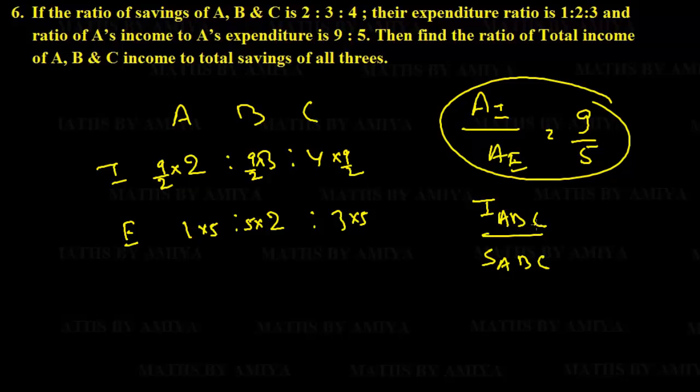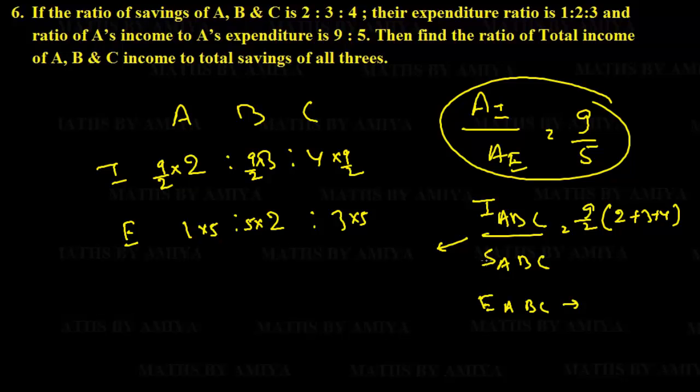And we want income of ABC all together. So in the income part, 9 by 2 is common. So take 9 by 2 common. We have 2 plus 3 plus 4 as the income part. But we have to find the savings part. We have the expenditure part. First find the expenditure part of ABC.